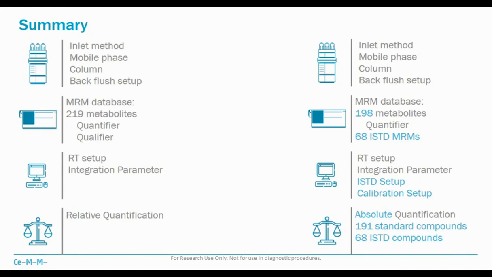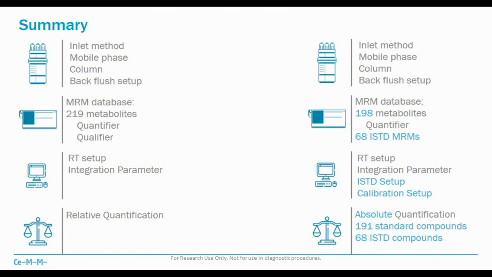So to sum up what we have done with this Agilent dMRM method, we took it as is, implemented it in our lab, and then we were able to clean out the provided MRM database to 198 metabolites. We were able to include 68 internal standards in the method. For data processing, we spent quite a lot of time and effort to optimize integration parameters for every single compound.